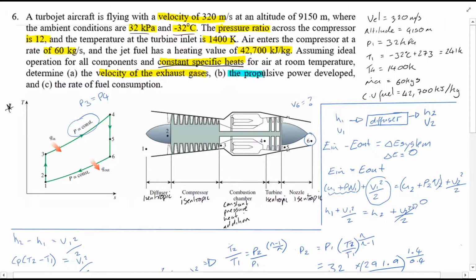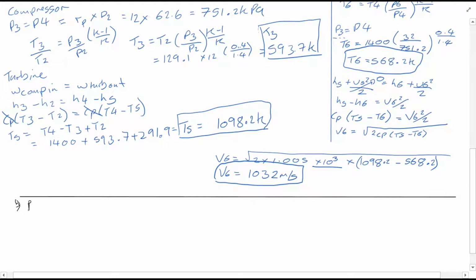Okay, so part B of the question asks for the propulsive power developed. From the data sheet you can find the equation for propulsive power. Wp is equal to the mass flow rate times (the velocity at exit, which we just calculated, minus the velocity at inlet), times the velocity of the aircraft.